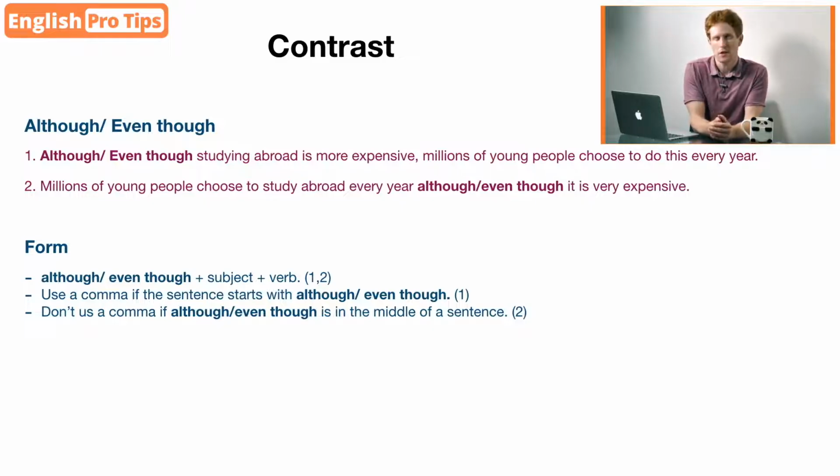So if we look at sentence number 2, there is no comma. It's millions of young people choose to study abroad every year, although it is very expensive. We don't need a comma here. So simply by using although or even though in one of these sentence structures, you're using an advanced structure that will get you a higher score in your IELTS writing.